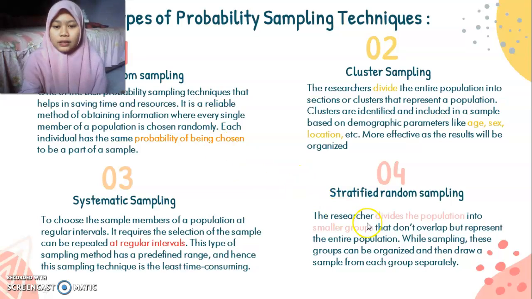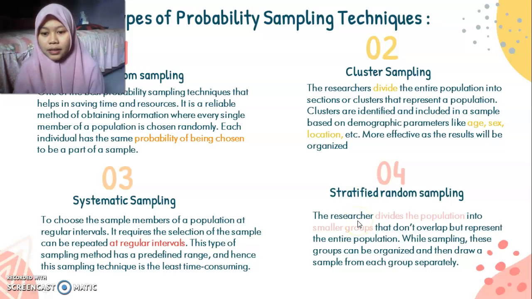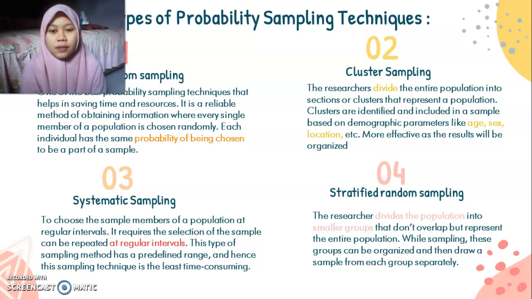The last one is stratified random sampling. So here, the researcher divides the population into smaller groups that do not overlap but represent the entire population. While sampling, these groups can be organized and then the sample is drawn from each group separately.